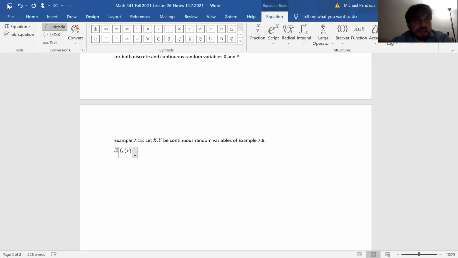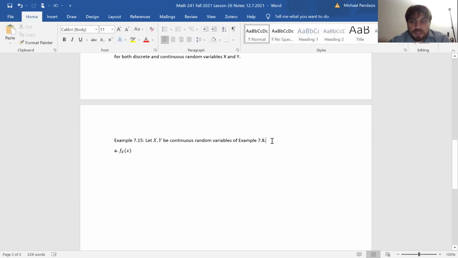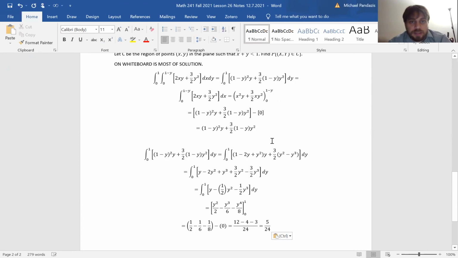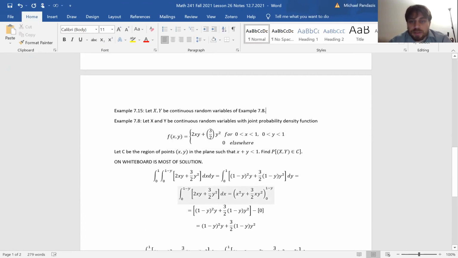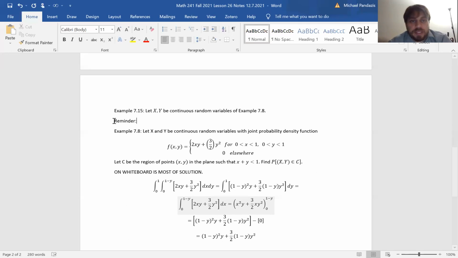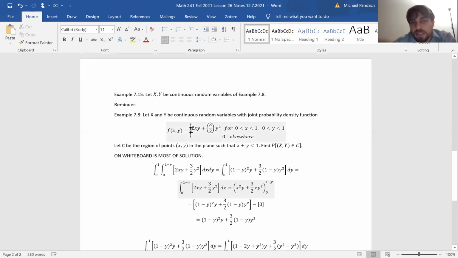Okay, so example 7.8 was the following. Here in this example, we let X and Y be continuous random variables with this joint probability density function.